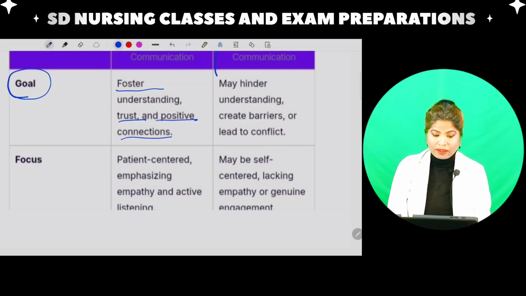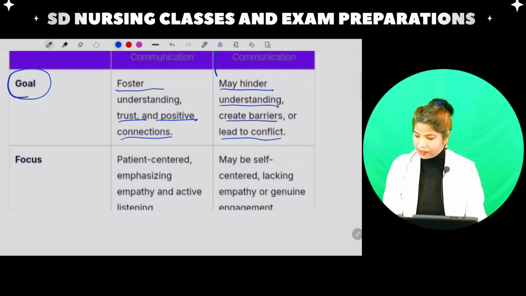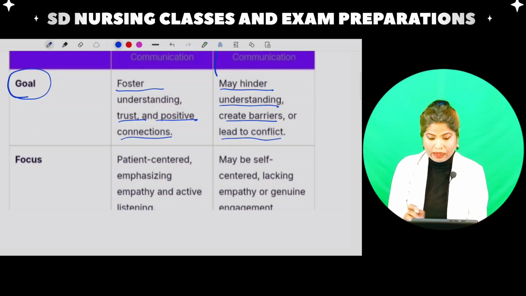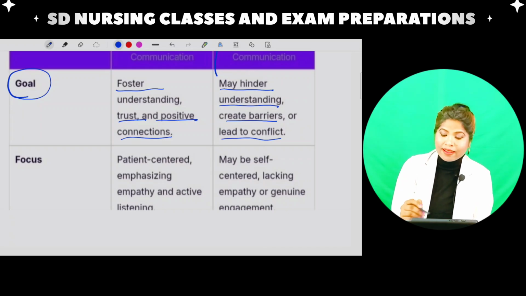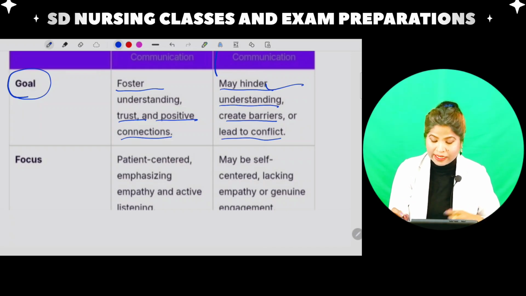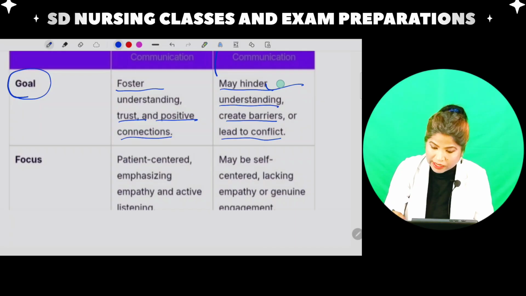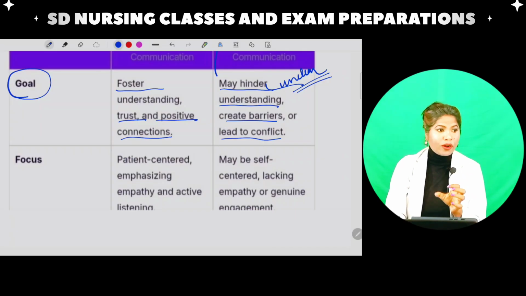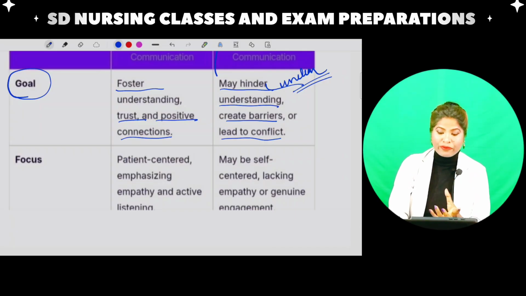But in non-therapeutic communication, it may hinder understanding, create barriers, or lead to conflict. Easy things become very unclear. Hinder means unclear; you make the patient totally confused.